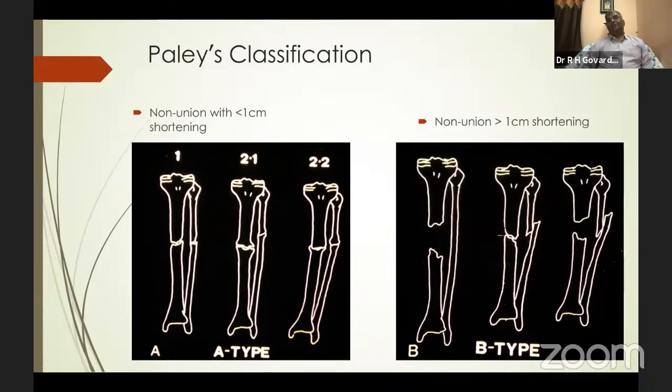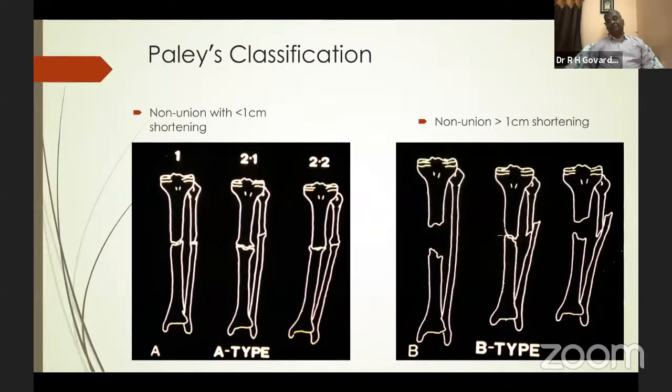Whereas B type non-union, where you have more than 1 centimeter of shortening, is of 3 types. The first type is where the limb length is maintained, but there is a gap in the middle portion of the tibia, or the middle portion of whichever bone we are dealing with.